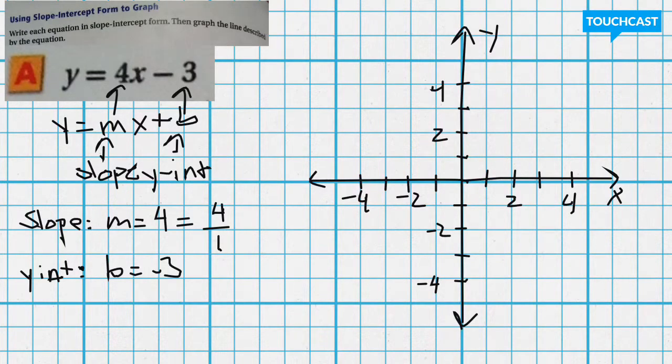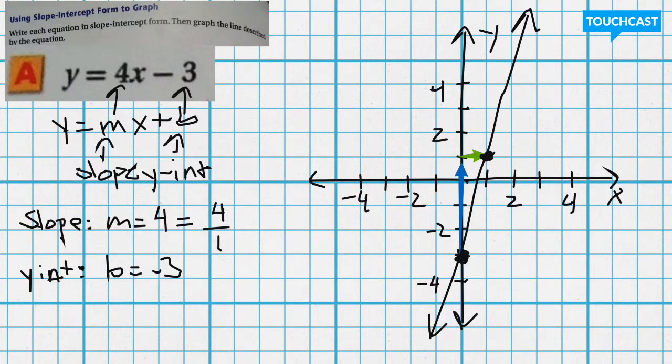So let's plot our y-intercept at 0, negative 3, and then we're going to go up 4 units and over 1 unit to plot our next point. And then we can connect those dots with an arrow on both ends of our line, and we're done.